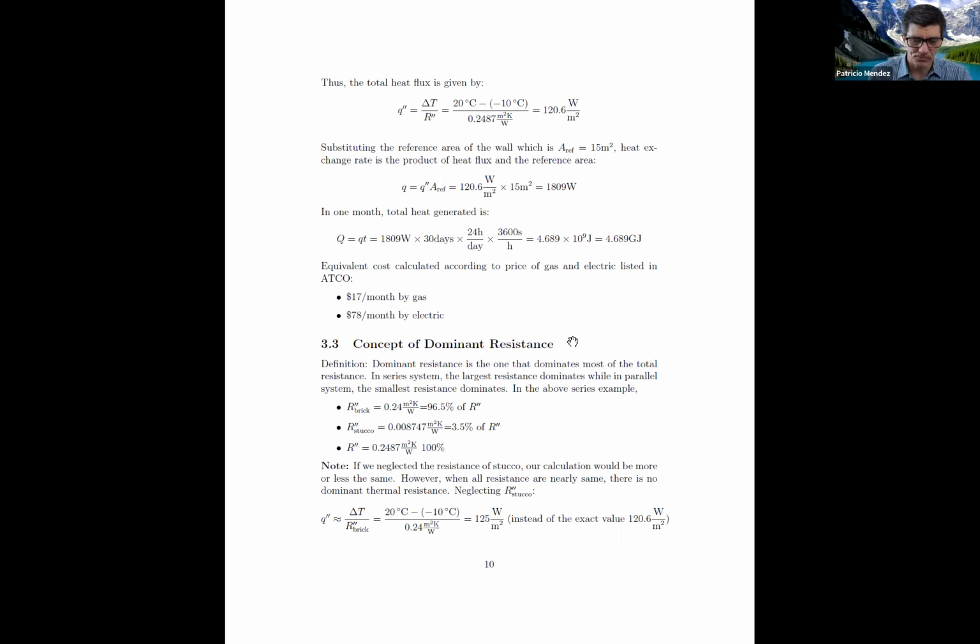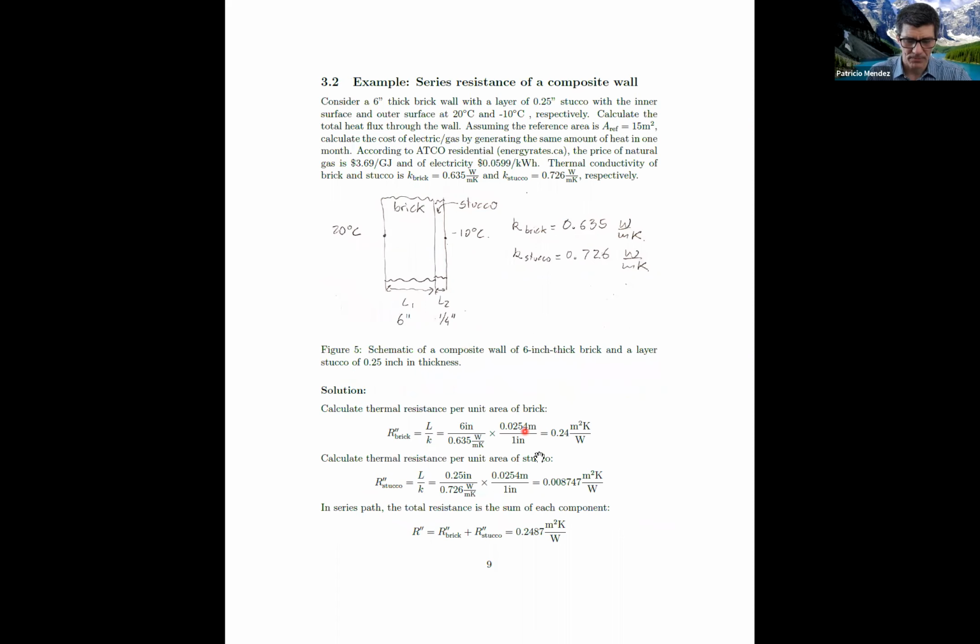Okay, so I want to touch briefly on the concept of dominant resistance. Let's go back to our stucco, brick and stucco wall. We saw that the total resistance of the wall is almost all given by the brick. Look, the resistance of the brick is 0.24, and the total resistance is 0.2487.